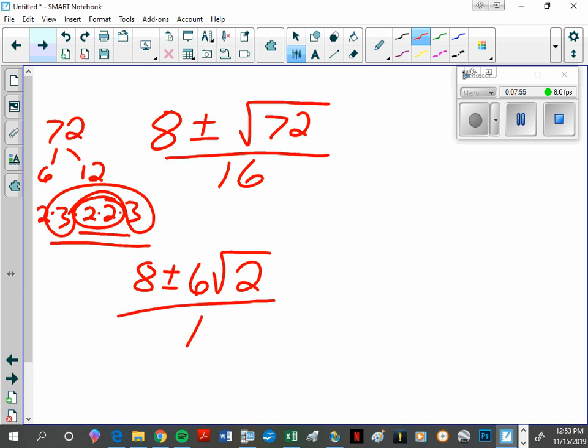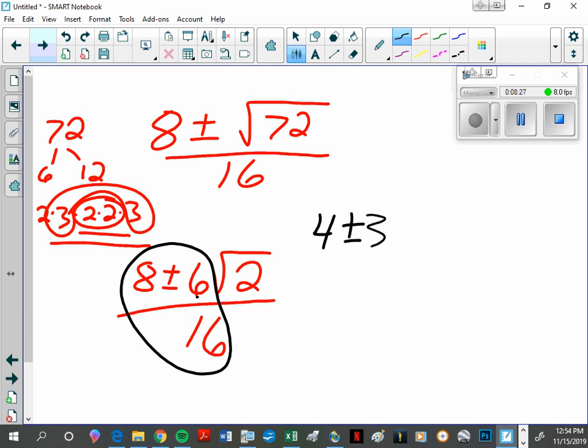And then that's over 16. Okay. Now, I look at all three of these numbers. Notice I skipped the square root. You're not allowed to touch the square root. Are there any numbers that go into 8 and 6 and 16? A 2. So I can cancel a 2 everywhere except the square root. That gives me 4 plus or minus 3 square root of 2 over 8.